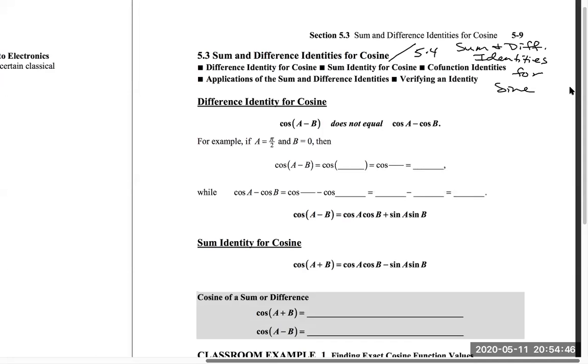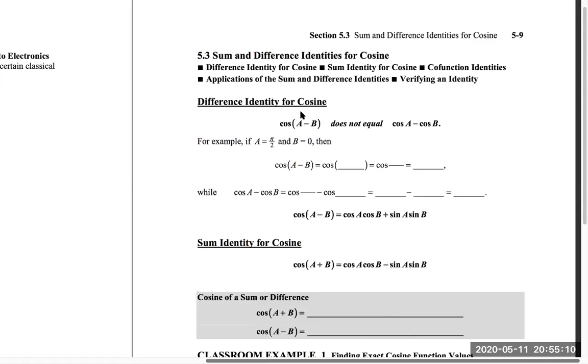Excuse me, I believe tangent's in there as well for 5.4, but we're going to learn that we can just make ratios of sine and cosine, and that'll take care of the tangent and stuff to avoid having to learn more formulas. All right, so let me go ahead and just get into this first part, and then once we get down to the box, we'll have a song.